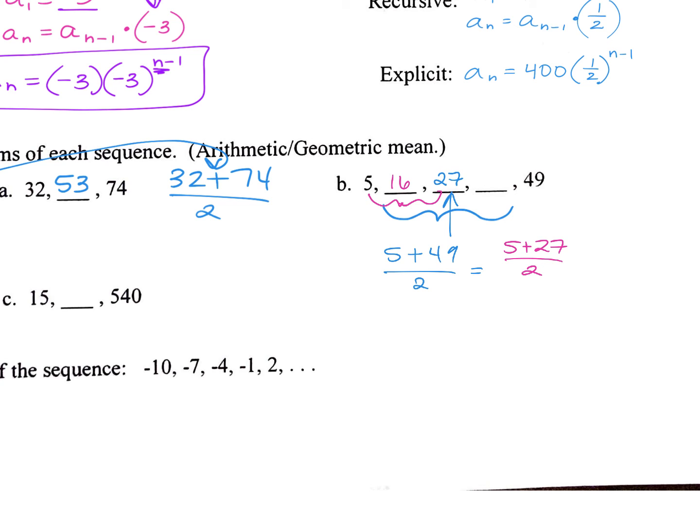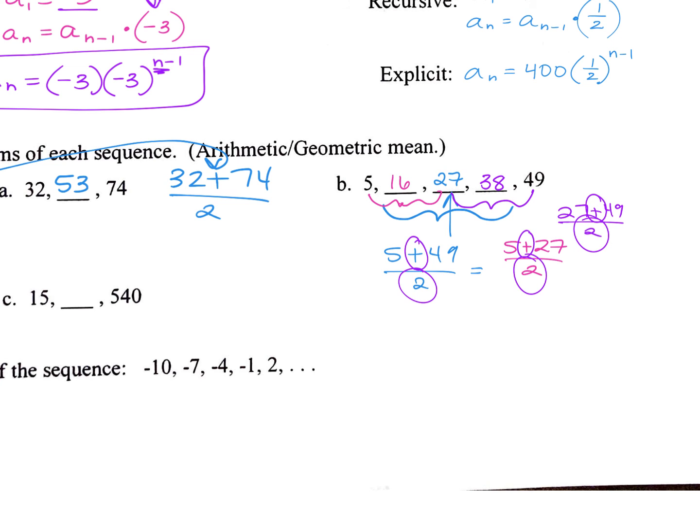And then you can do 27 and 49, add those together, divided by 2. You'll get 76, so 38. Okay, so arithmetic, you add together, divide by 2. Add them, divide by 2, add them, divide by 2.